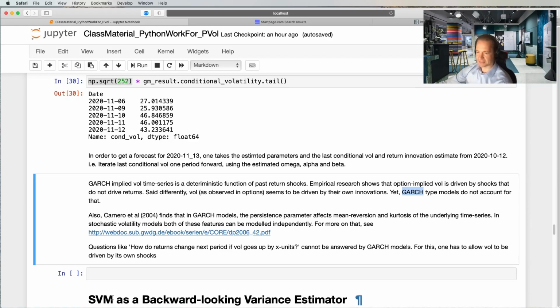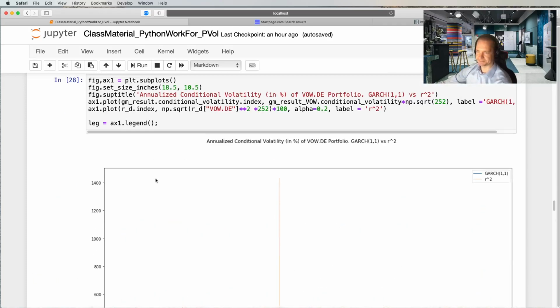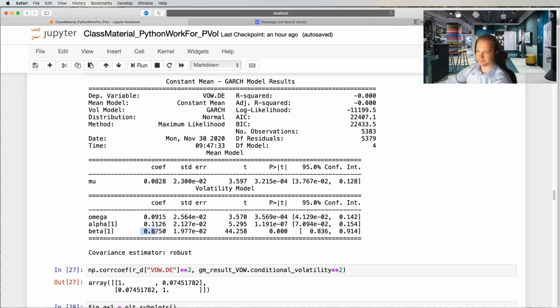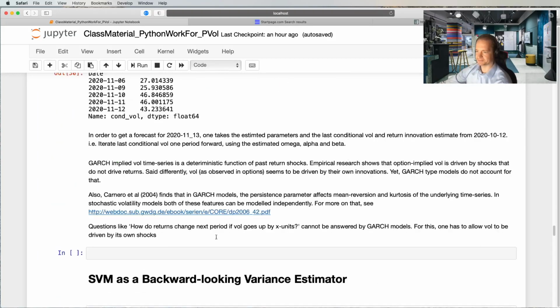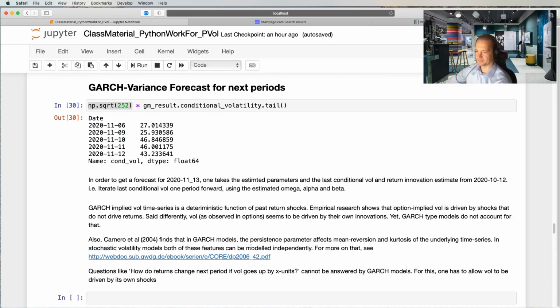One is the stochastic vol model, which I want to talk about. It's also Carnero 2004. That's not some big important paper, I just thought it's interesting. It finds that in GARCH models, the persistence parameter, that would be the beta, affects the mean reversion and also the kurtosis of the time series.